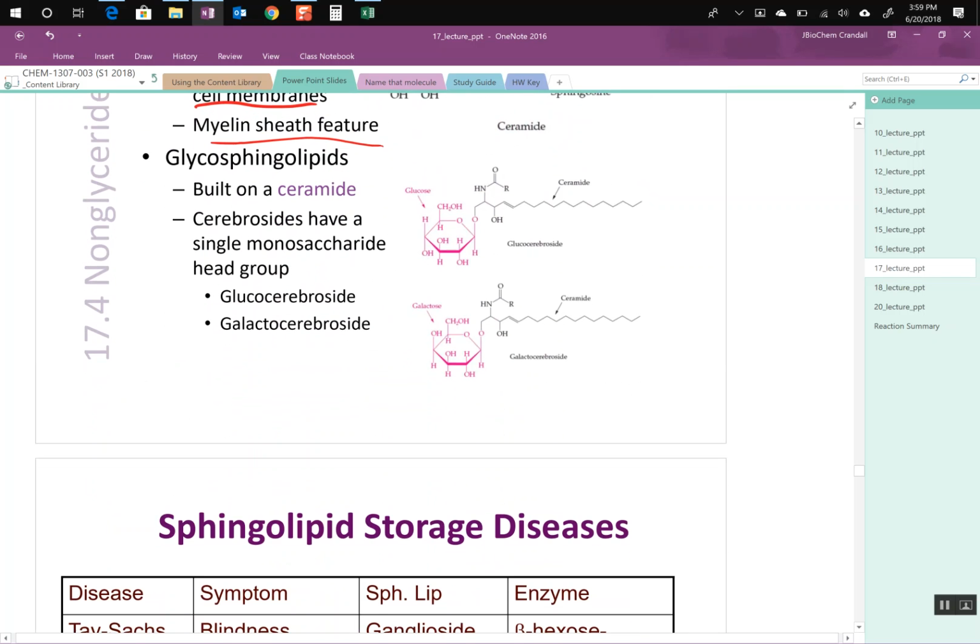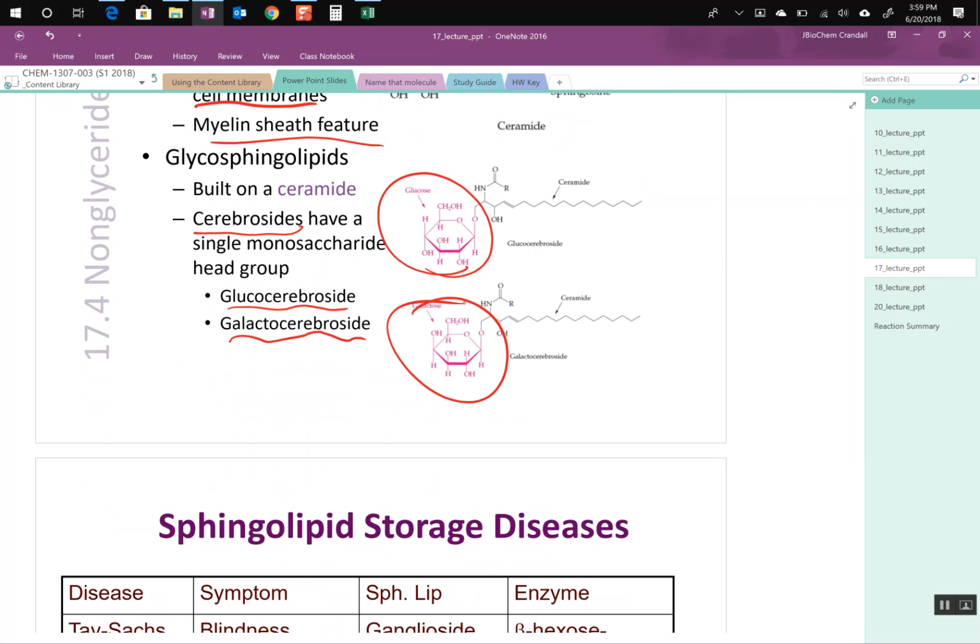All right. Also in the brain, cerebrosides. So you have glucocerebrosides and galactocerebrosides, right? These polar sugar molecules attached to these sphingolipid membranes. And they would be parts of those brain cells, okay?